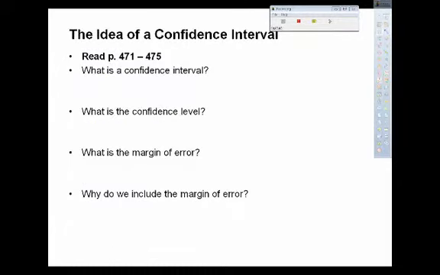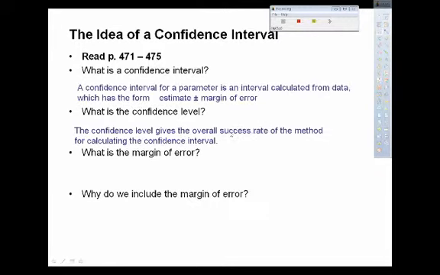So what is a confidence interval? A confidence interval for a parameter is the interval calculated from the data which has the form estimate, whatever your estimate is, plus or minus your margin of error. And what is the confidence level?